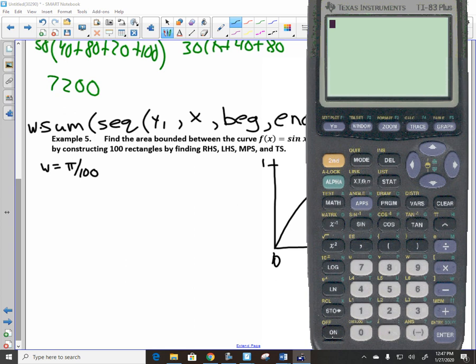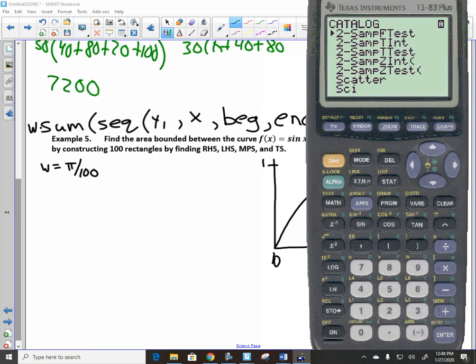So we're going to start with the width, which is what? Pi divided by 100. Everybody good? Times sum. The way we find sum, everybody focus here because you won't remember this otherwise. Second catalog. We want to get to the S's, so what do you think we press?